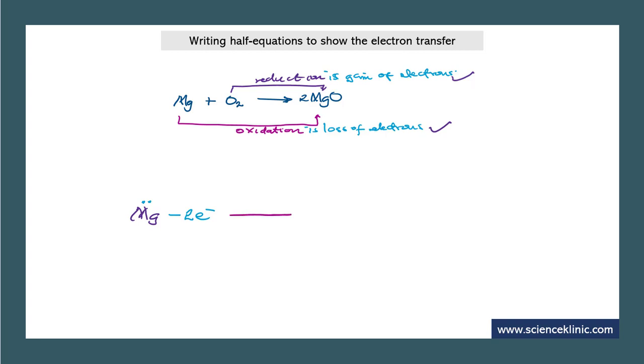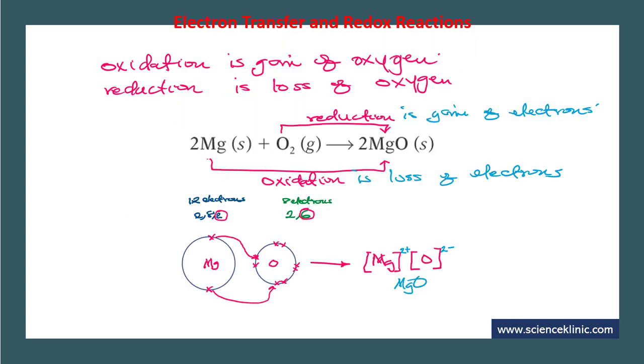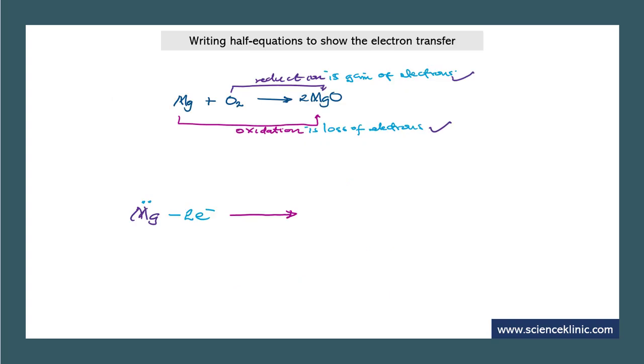So when magnesium lost 2 electrons, remember last time here we have Mg2+. So we're going to write Mg2+. 2 plus means it has 2 more protons than electrons because it has lost 2 electrons.